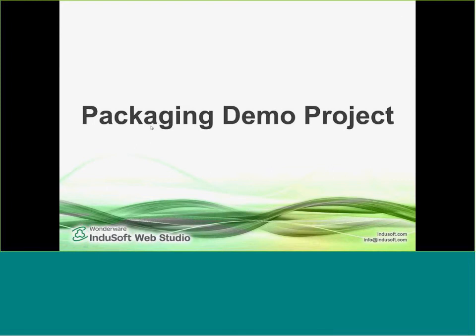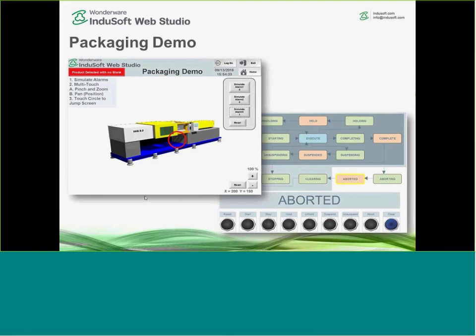So what I thought I'd cover first is a fairly recent packaging demo project that we did. This was done as a proof of concept, and we'll shortly be turning it into a demo that we'll put up in the sample applications on the website.